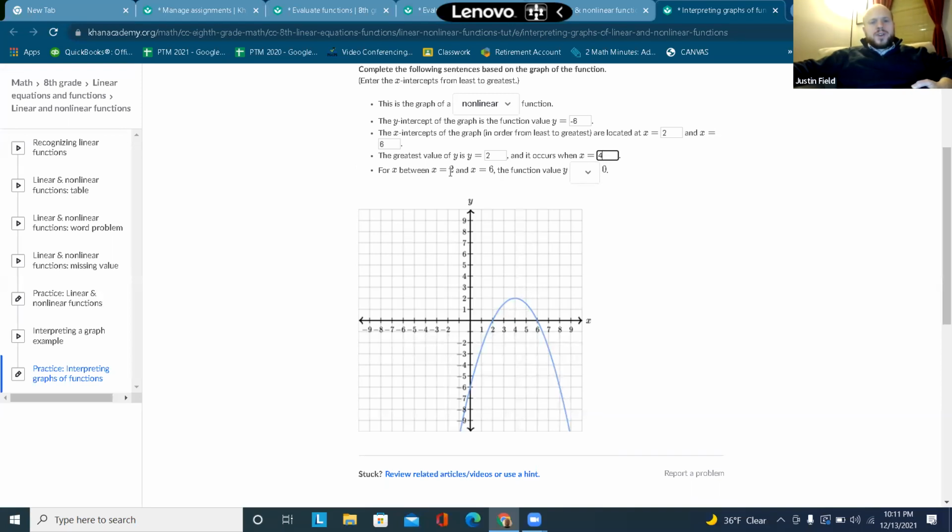For x between 2 and 6, you see how the function is up here? Well, look at the y values. The thing about them is they're positive. So we're going to say the y values are greater than or equal to 0.